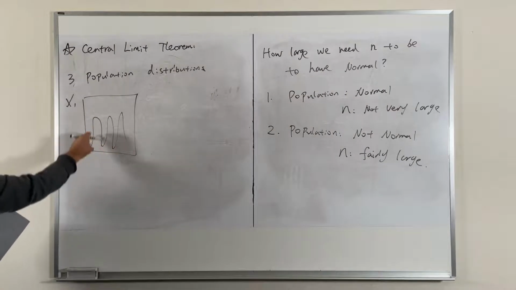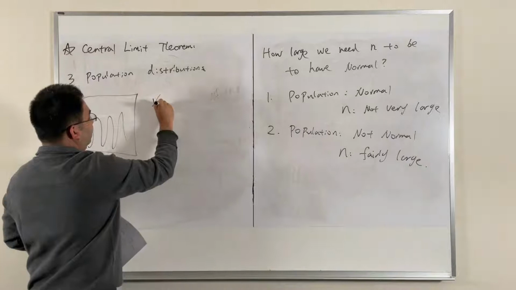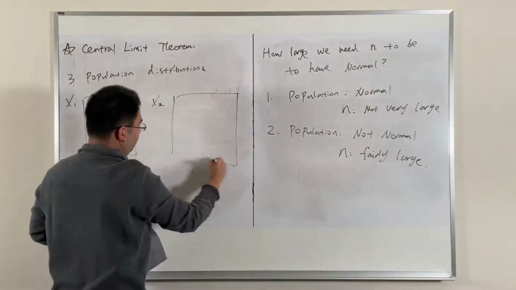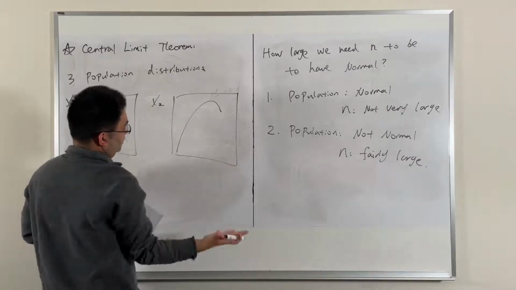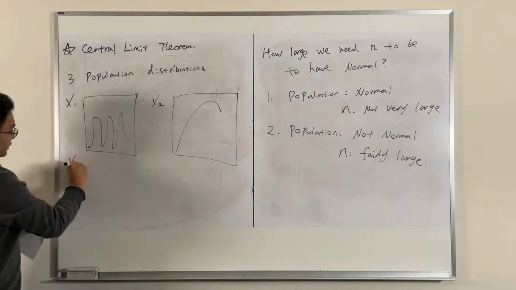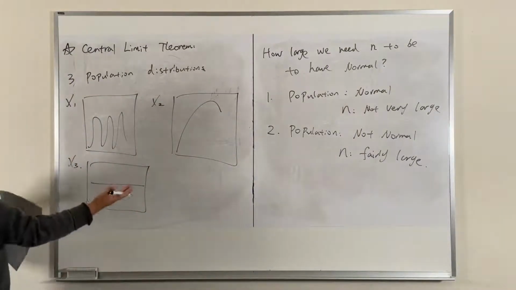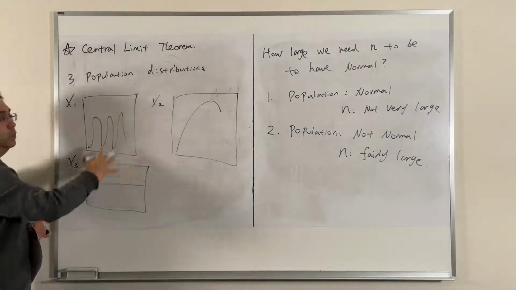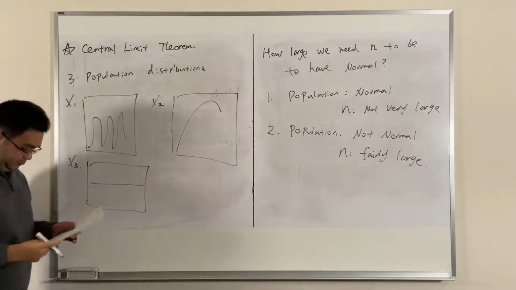It's normal here, normal here, normal here, but the whole thing is not normal. Or x2, the distribution is something like this, so this part's missing. Or if you just have a line here. So as you can see, all these three are not normally distributed, so the population distributions are not normal.